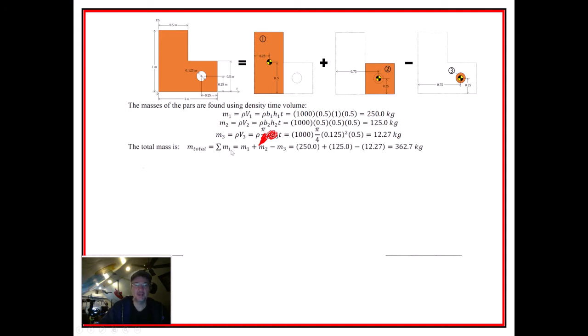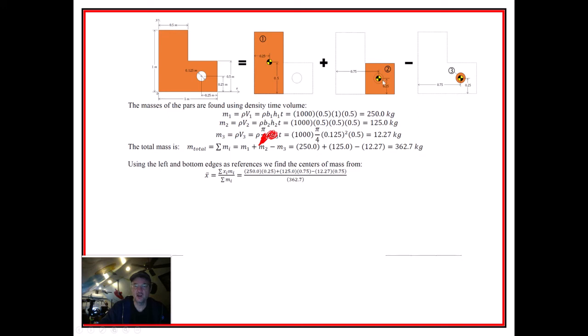And then we get the total mass by adding them up, but of course we consider this to be a negative mass right here, and we find it's 362.7 kilograms. And to find the center of mass, we take the bottom left-hand corner, was just a natural place to take as the reference. We find the sum of the distances to each centroid right here. So this one right here, for mass 1, that's 250 times 0.25 is the distance from this reference point in the x direction.